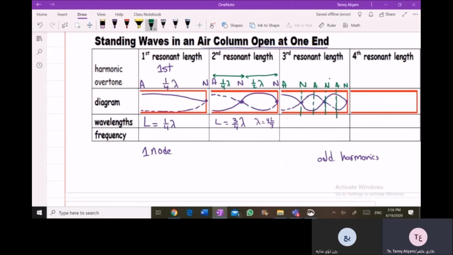How many quarters here? So the length here is 5 over 4 lambda.